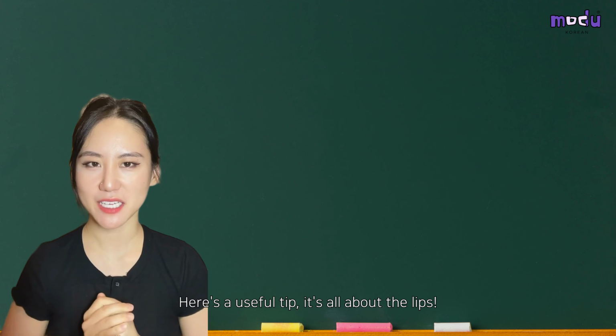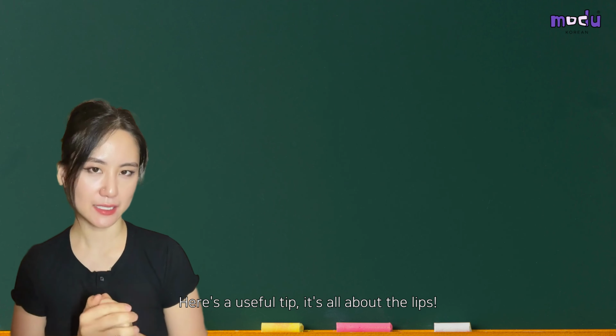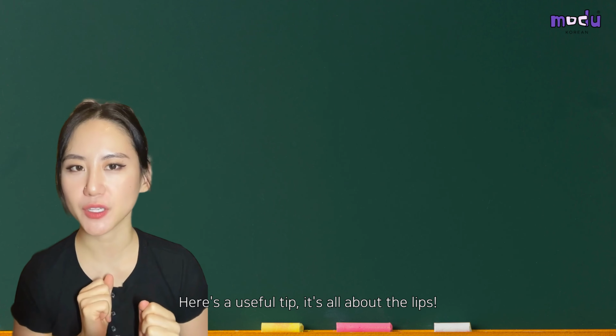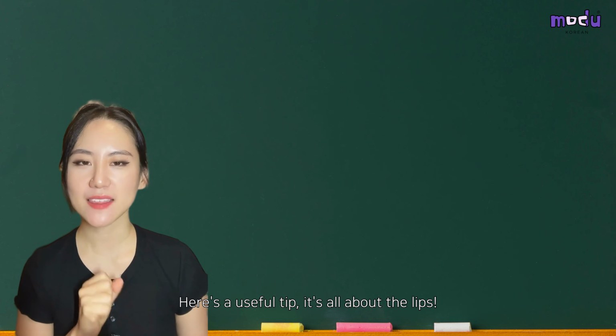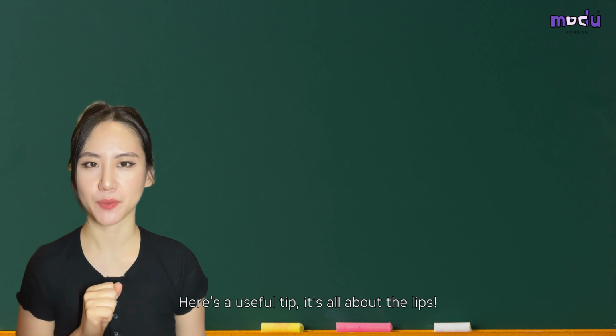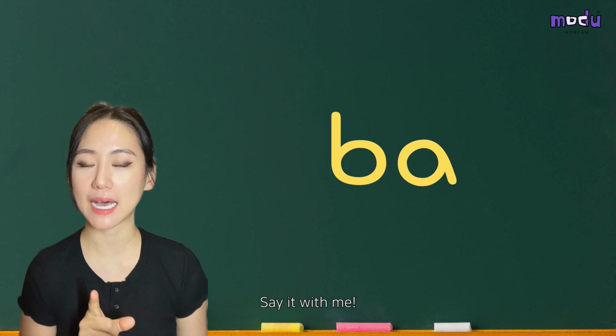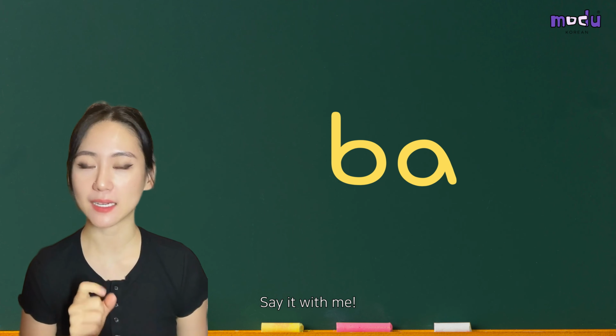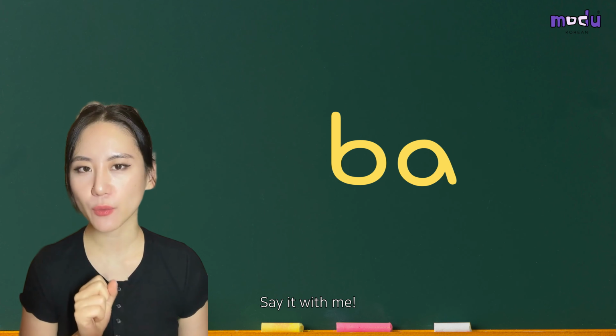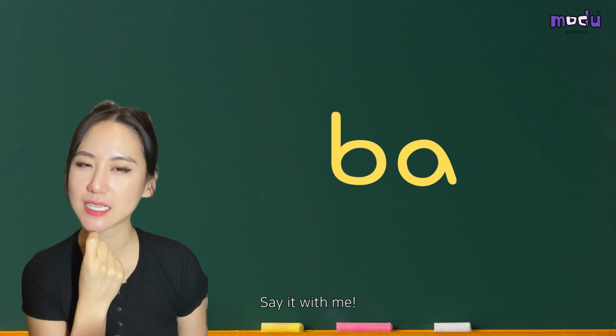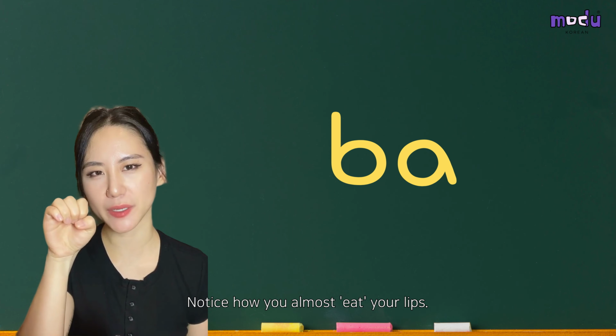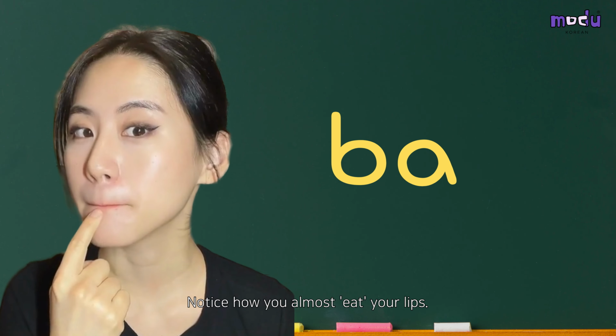So I'll give you another tip on how to pronounce the B a little softer, and it's all in your lips. So take the English B sound, for example. Say it with me. Ba. Ba. And notice how when you say it, your lips go inside your mouth and they tense a little bit. Ba.